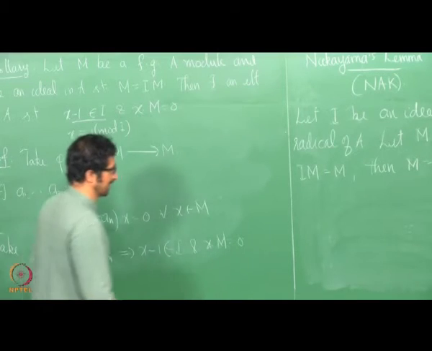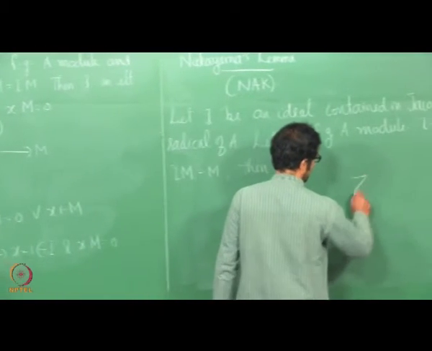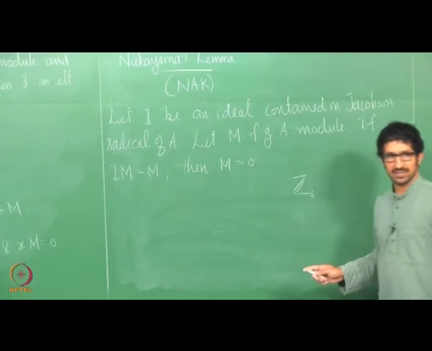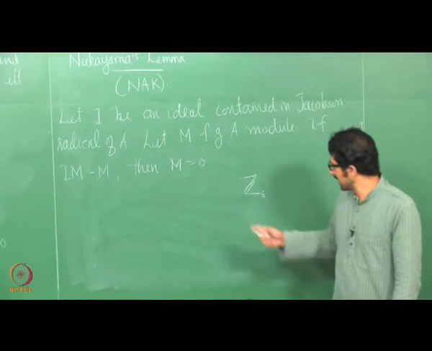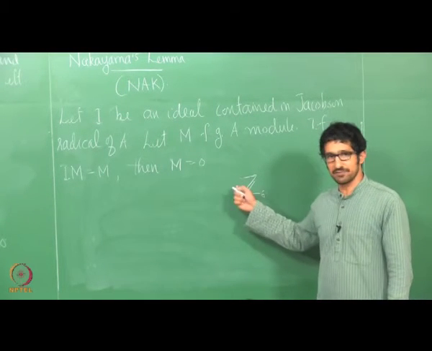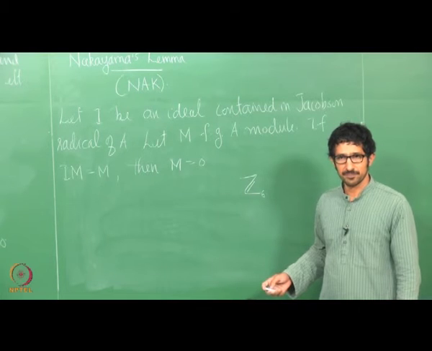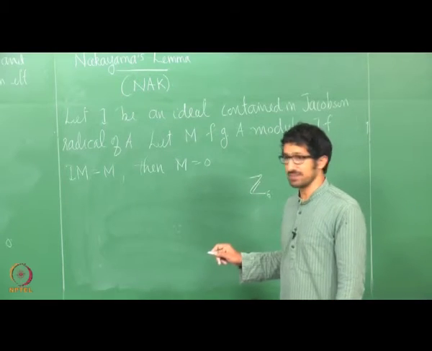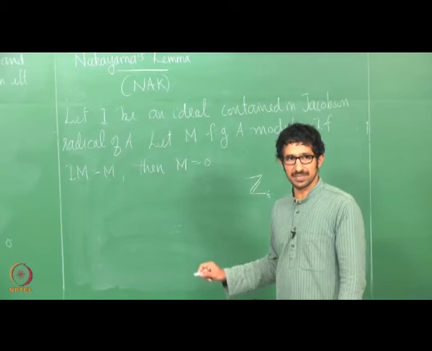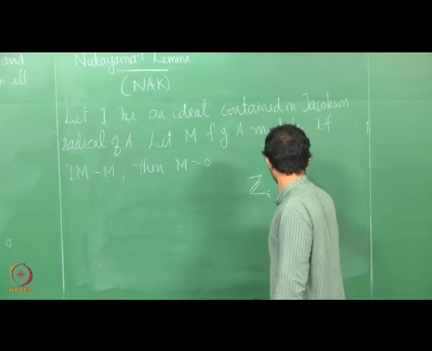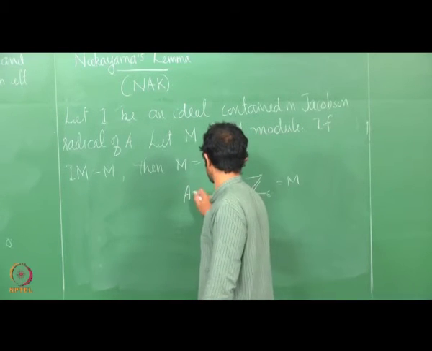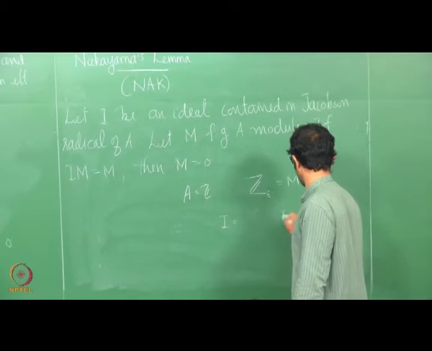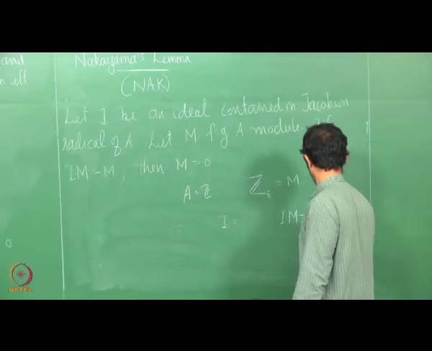Okay. But this is not true in general. Say for example, if you take Z5 over Z, can you think of an ideal I such that IZ5 is Z5? If you take 5Z, then it will be 0, right? I take M to be this and A to be Z. Now my question is, can you tell me an ideal I such that IM is equal to M?